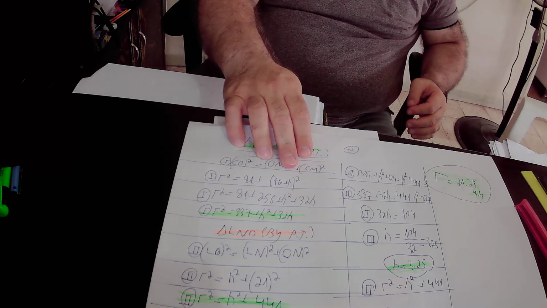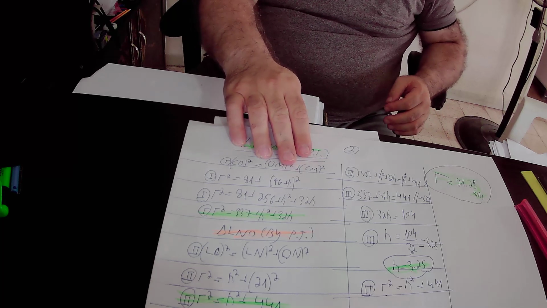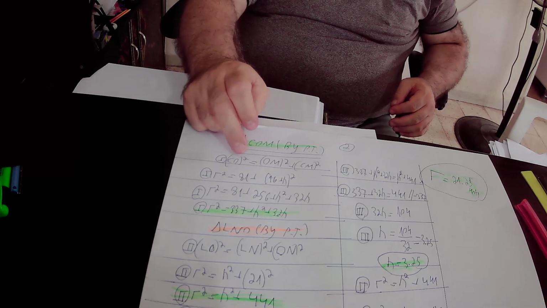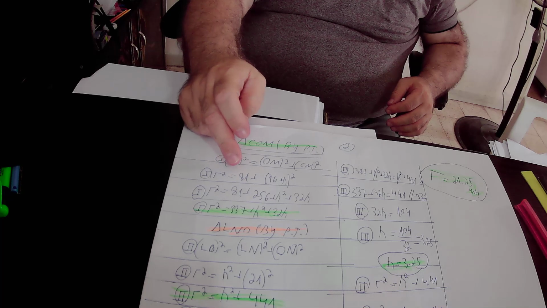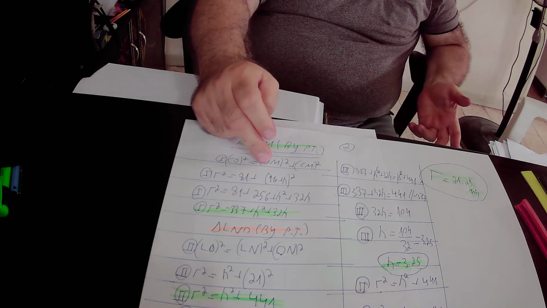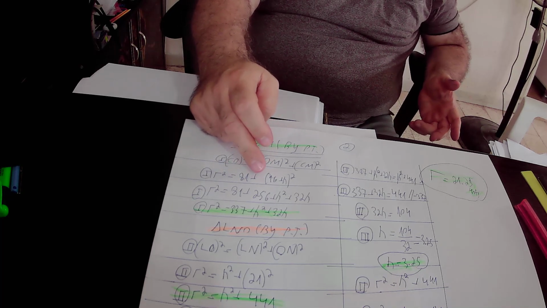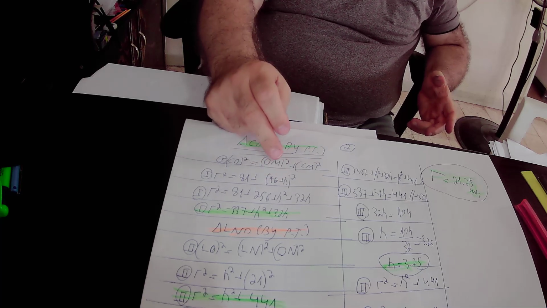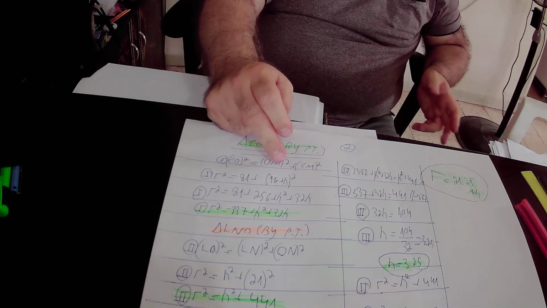We open the brackets on this side of equation number 1 and find that R squared equals 81 plus (16 plus H) squared, which is 16 squared, that is 256, plus H squared plus 2 times 16, that is 32, times H, which is 32H.